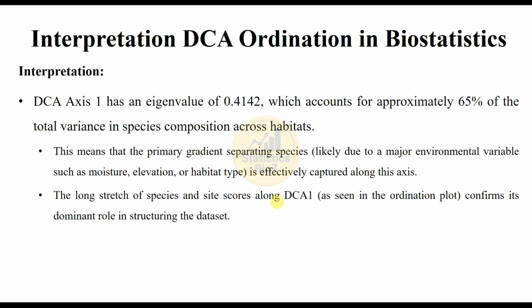So, the interpretation of the table: DCA axis 1 has an eigenvalue of 0.4142, which accounts for approximately 65% of the total variation in the species composition across habitats. This means that the primary gradient separating the species, likely due to a major environmental variable such as moisture, elevation or habitat type, is effectively captured along this axis.